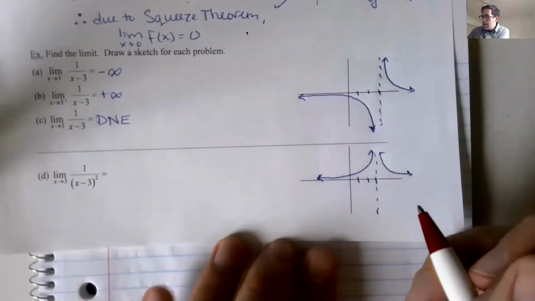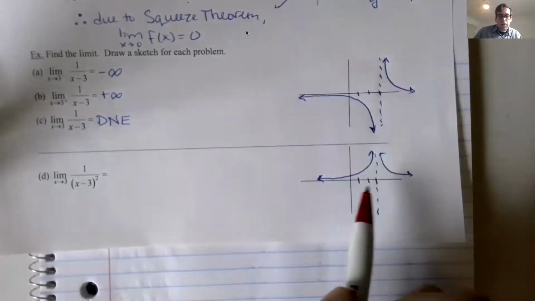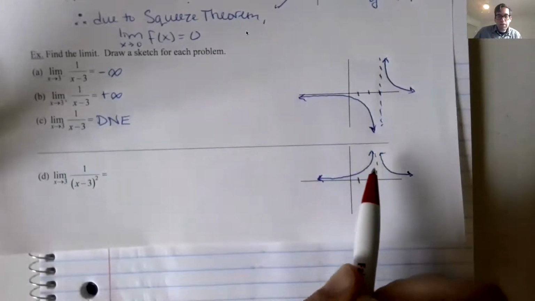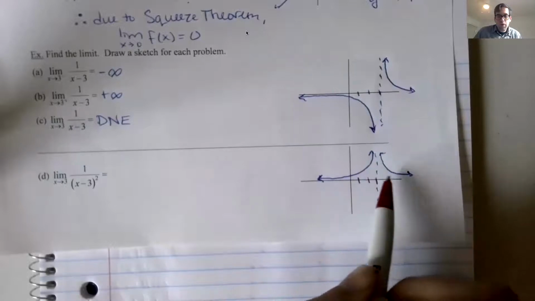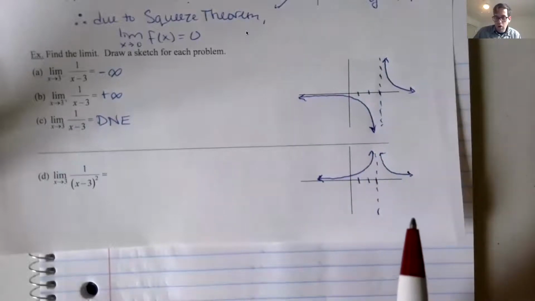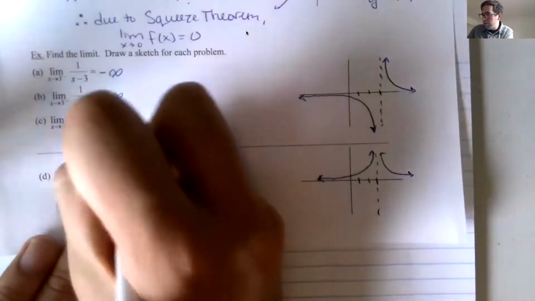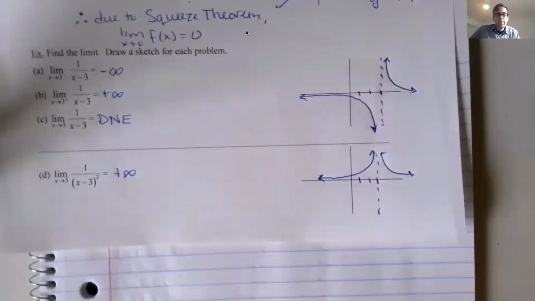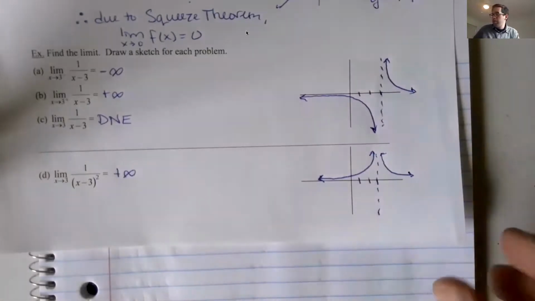And now we think as x is approaching 3. Well, if we think from the left, it's approaching positive infinity. If we think from the right, it's approaching positive infinity. So overall, we're approaching positive infinity. There you go. We got a couple more questions, so I'm going to flip the page over here.